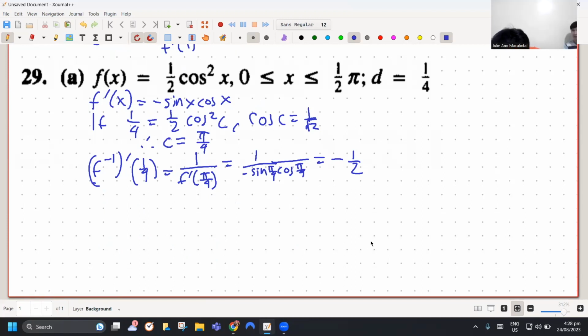Eh, pakita mo yung steps mo. Yung error mo, ganun kasi, mental mo lang. Kasi sine of pi over 4 is 1 over square root of 2. Cosine pi over 4 is 1 over square root of 2. So, dapat 1/2 yung denominator. Um, negative 1/2. So, negative 2.